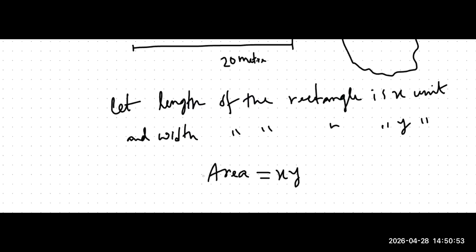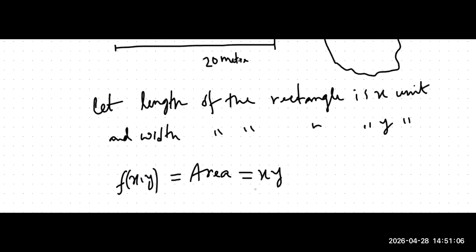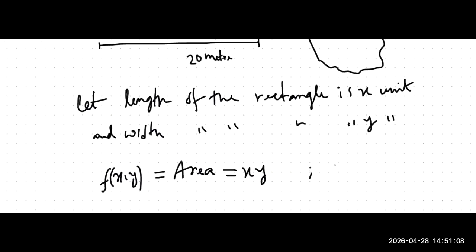So let's say this is our function f of x comma y. Our interest is to maximize this function f of x comma y, and the constraint is the perimeter. The perimeter is twice x plus twice y, and twice x plus twice y equal to 20 is the given information.